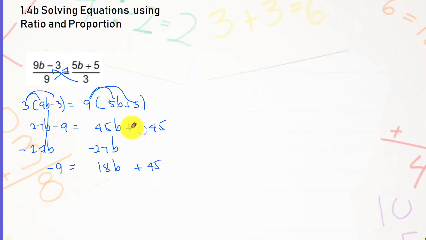I have 2 pluses here. Okay. Next, I'm going to use subtraction property, additive inverse, to get 18b equals negative 9 minus 45, which is equal to negative 54.